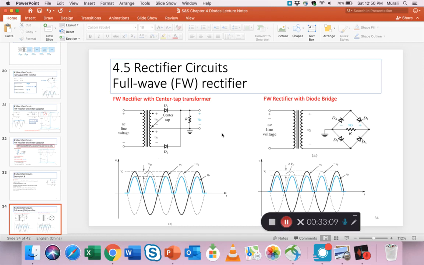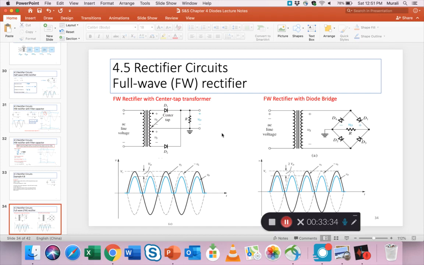The blue waveform has two pulses representing the two halves of the AC waveform. So it's better than if you only had one pulse and then a long gap for the remaining half of the AC waveform. The two pulses give it a better average value of DC.